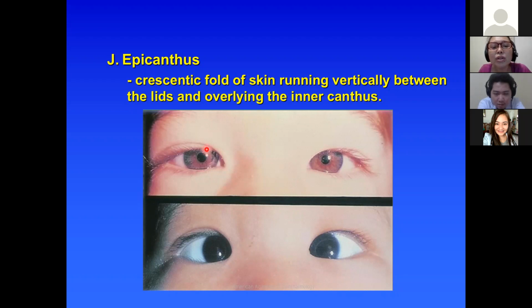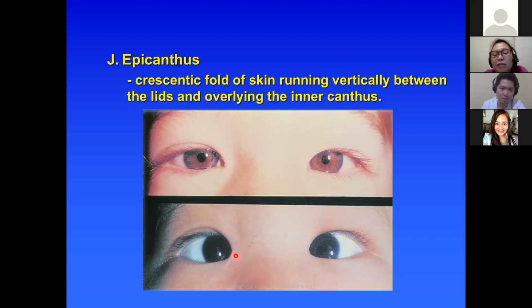This is your epicanthus inversus. It has from the lower to the upper, parang they're joining on the medial canthal area.